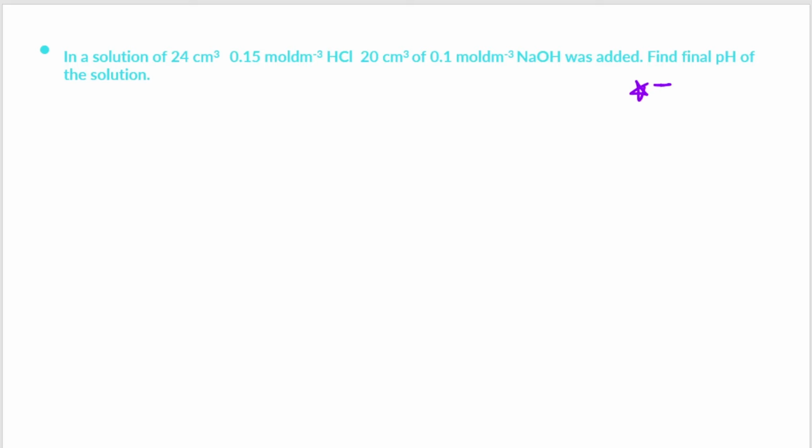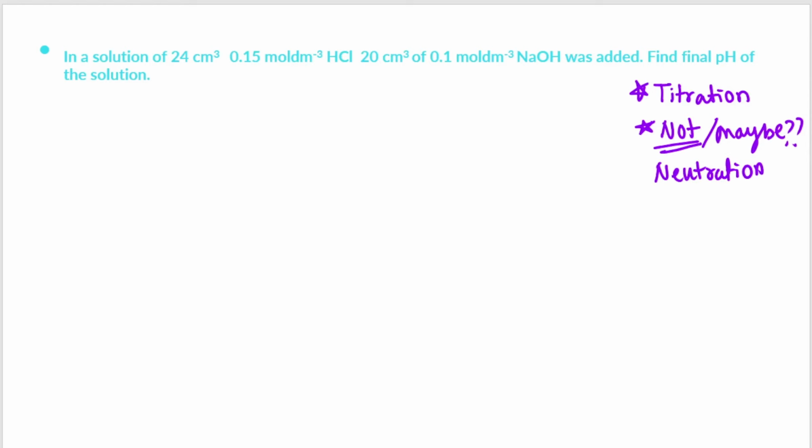First concept is that this is a form of titration reaction, and it may be a neutralization reaction, because we must first find out the final pH. If the final pH equals 7, we can say that this is a neutralization reaction. However, if it is not 7, then this is not a neutralization reaction.